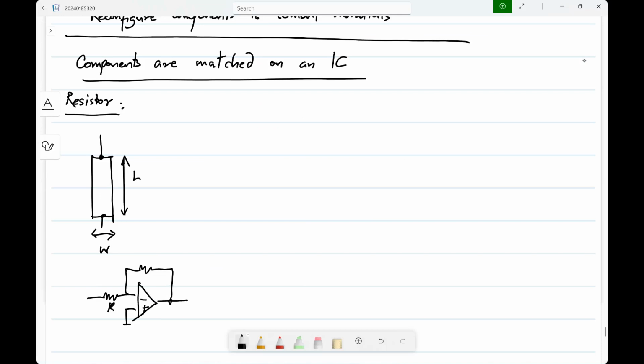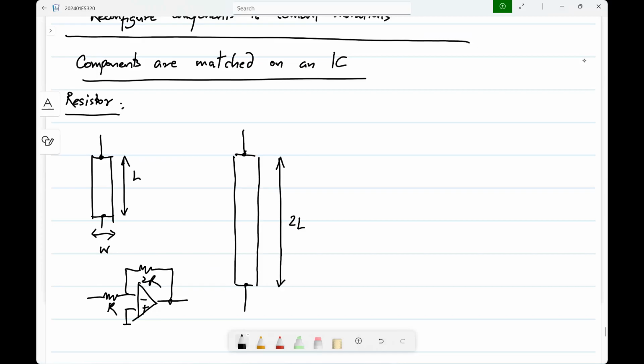So R and 2R. So I'll need two resistors, right? One of value R, another of value 2R. Okay. So now I'll make another resistor which has length 2L and the same width W. Okay. And of course, this is supposed to be R and this is 2R.